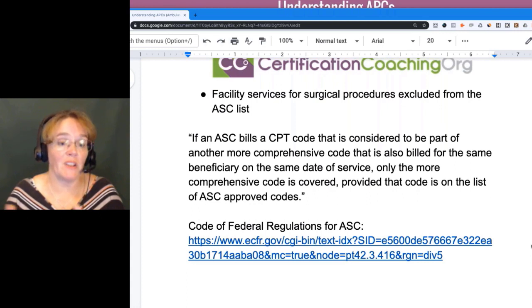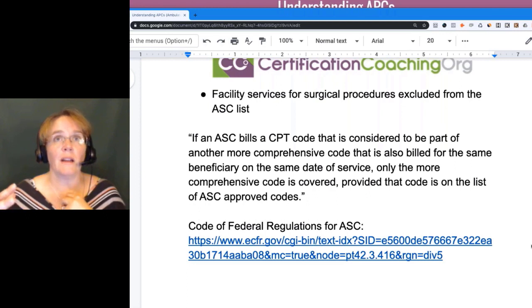We've been talking about a couple of these slides now about auditing and fraud. If you're continually billing things that are bundled, they're going to start to send you letters saying, wait a minute, those are bundled, please don't do that. And if you continue to do it, then they're going to start to audit your records. That's where you're going to get some of those MAC auditors coming in and starting to review your medical records.